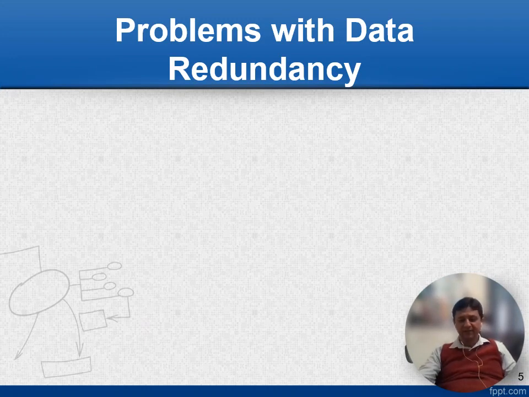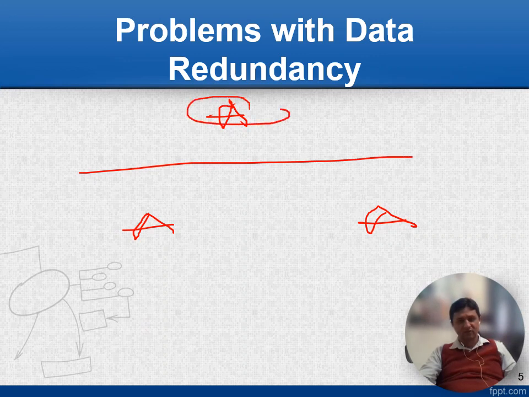For example, there is an object A. This object is an actual object, and we have to represent it as data, as a stored representation. For example, this A is data and this A is data. Let's assume that this A is the actual object, and these two A's are the stored representations of that A. Because we have 2 copies or 2 representations of the same object, this is duplication of data.